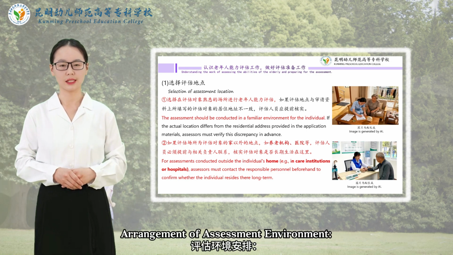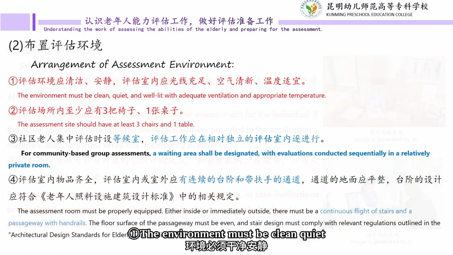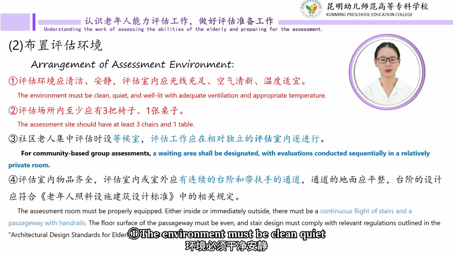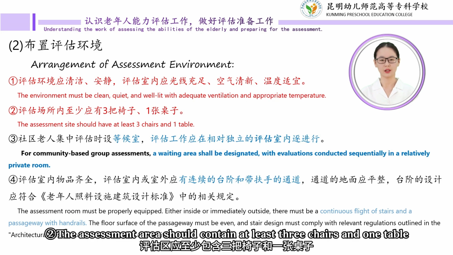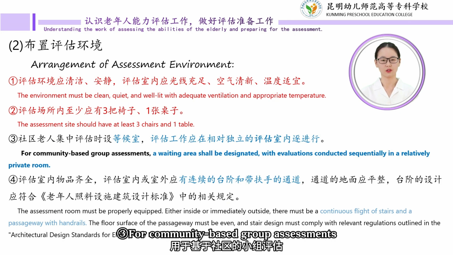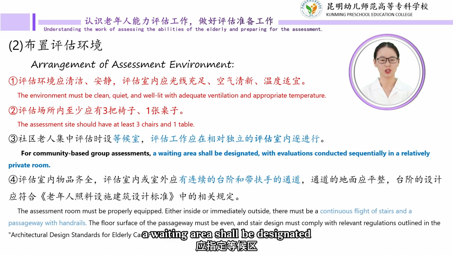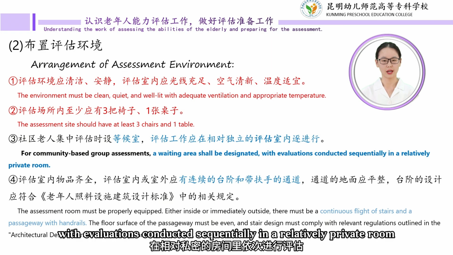Arrangement of assessment environment. First, the environment must be clean, quiet, and well lit, with adequate ventilation and appropriate temperature. Second, the assessment area should contain at least 3 chairs and 1 table. Third, for community-based group assessments, a waiting area shall be designated, with evaluations conducted sequentially in a relatively private room.